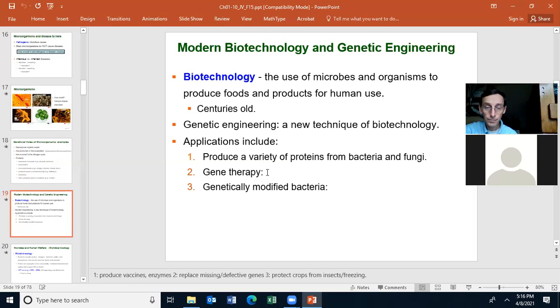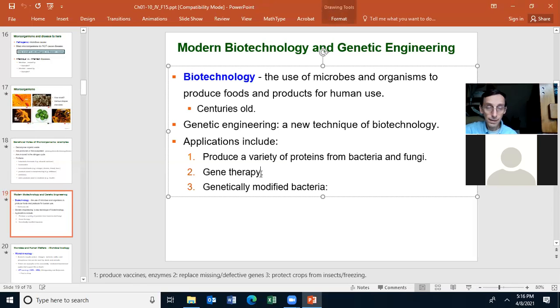Gene therapy in people has been best studied and used, or maybe, yeah, best used by correcting children who are born with a defective immune system.